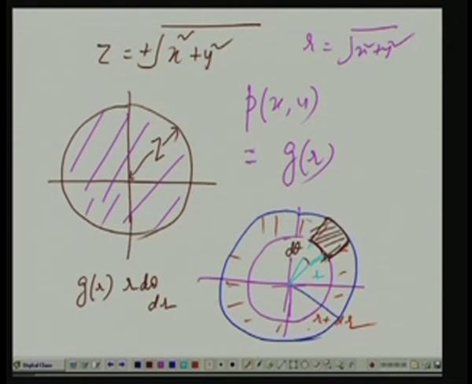For the entire strip, I hold r fixed, consider such areas, and integrate with respect to theta, from 0 to 2 pi.